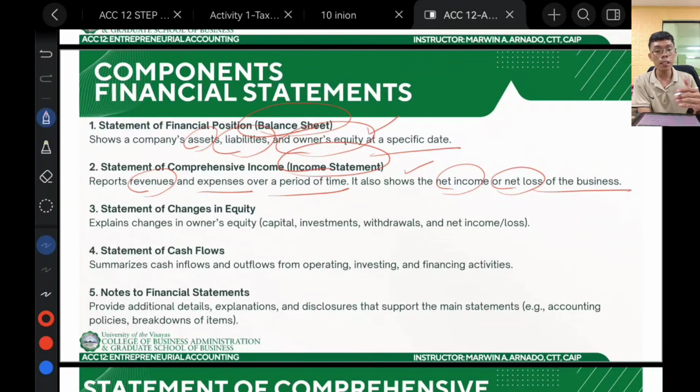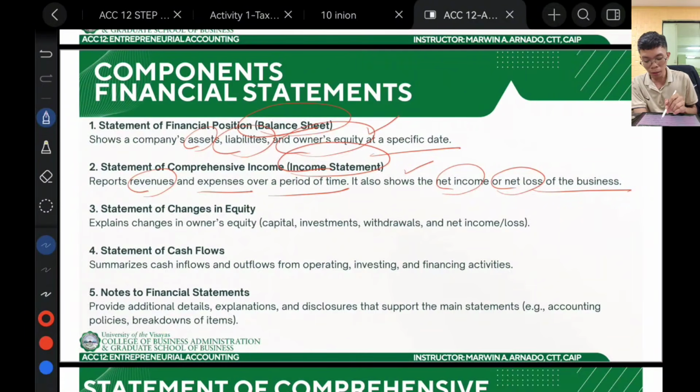In it, we will also be able to know the operating activities of the company, whether their operations are successful or efficient or not. We will also be able to know if the company was profitable during the accounting period, since we can see in the income statement the net income or the net loss.